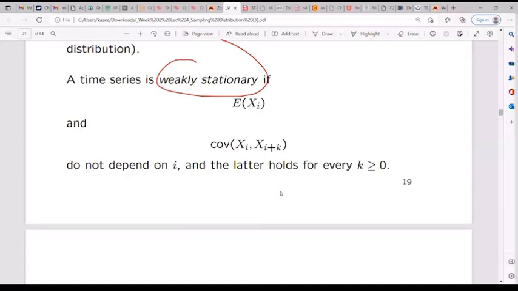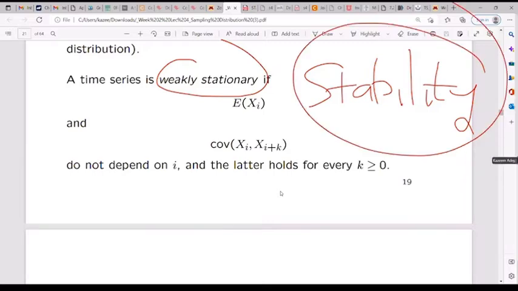I told you at the beginning, we have an assumption of stability. So the mean at different times has to remain the same, and the variance has to be constant over time.